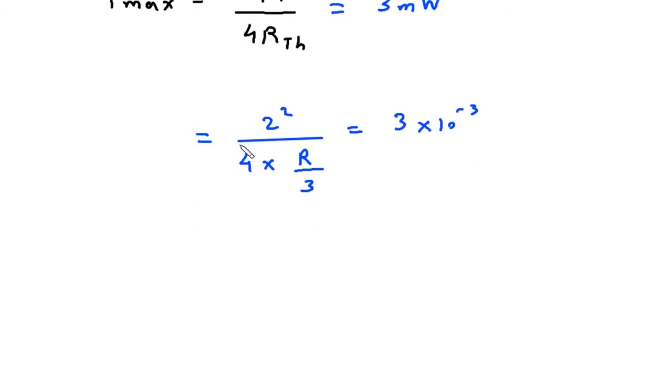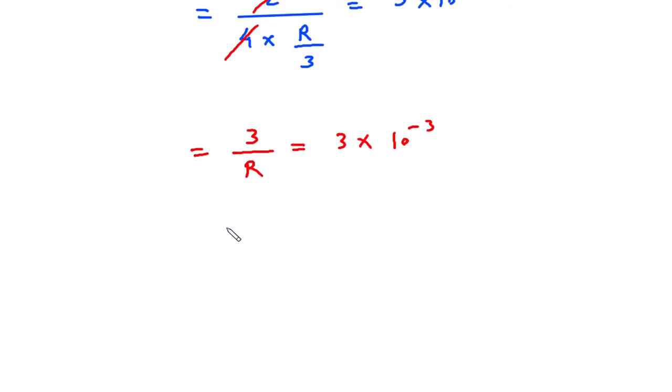Now we will simplify this. 2 square is 4. This 4 will get cancelled with this 4. And this will be 1 by R by 3, which is 3 by R, is equal to 3 into 10 raised to the power minus 3.